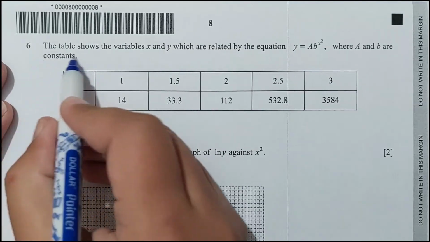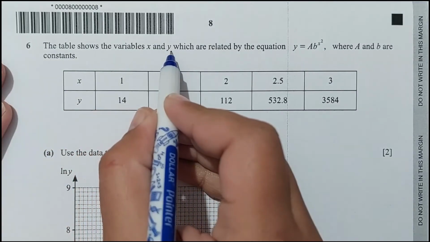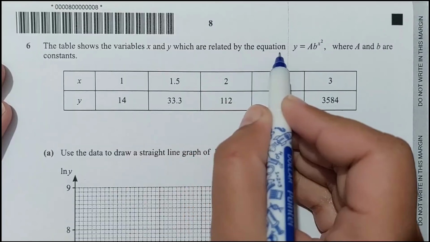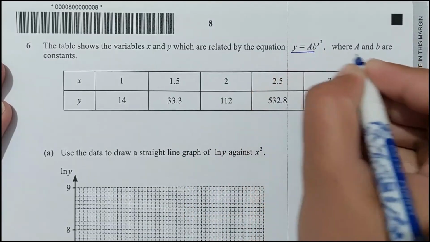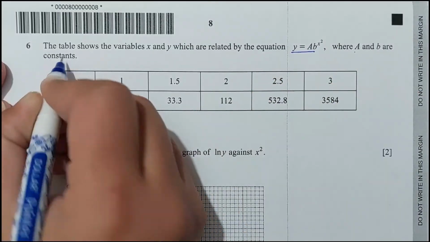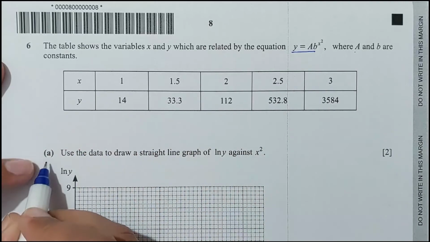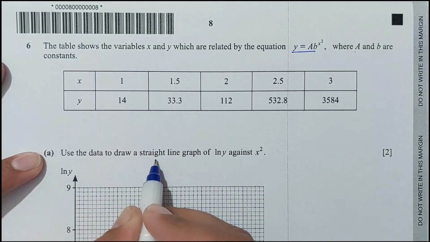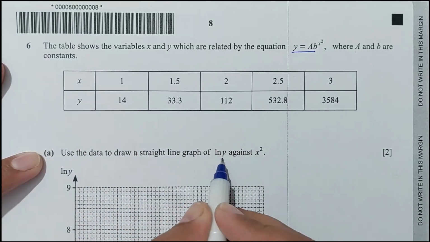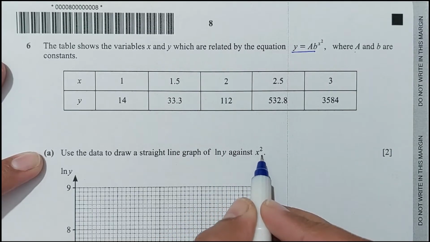Question number 6. The table shows the variables x and y which are related by the equation this, where a and b are constants. Part a, use the data to draw a straight line graph for ln y against x square.